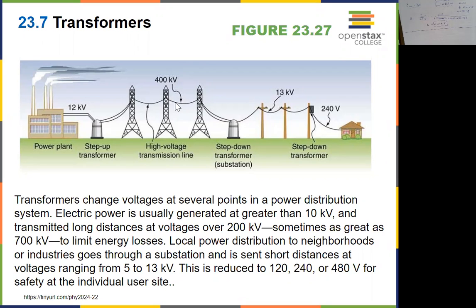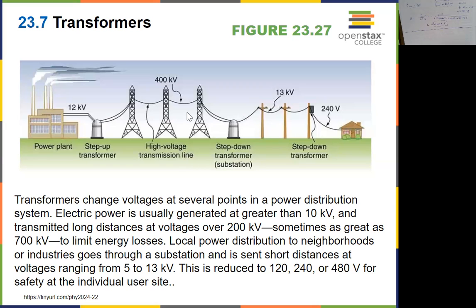In order to reduce I, you want to raise the voltage, because the power provided by a power plant is fixed. Power is equal to V times I. So if V is large then I is small, and then I squared times R during the transmission of electricity from a power plant to the consumer end will be small. So that's why high voltage is used.